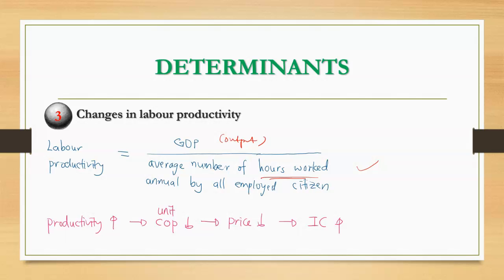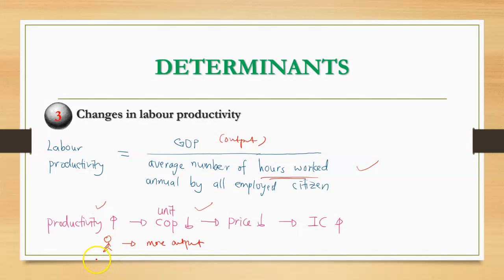Okay, so if labor productivity level increases, your unit cost of production would reduce. Why is that so? Because when your productivity level increases, that means with the same workers, they can produce more output. With the same working hours, the same workers can produce more output.